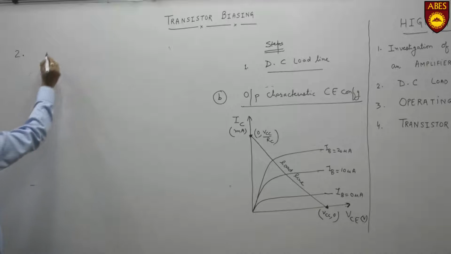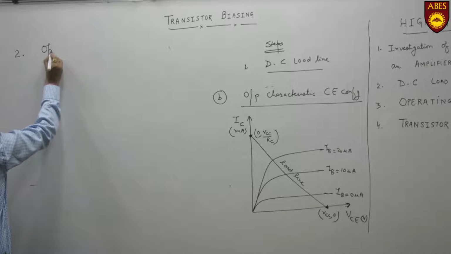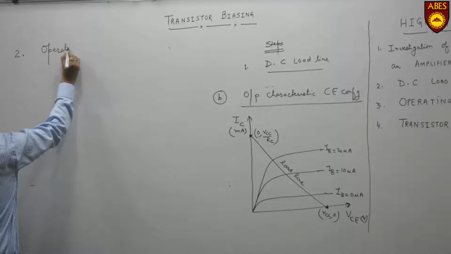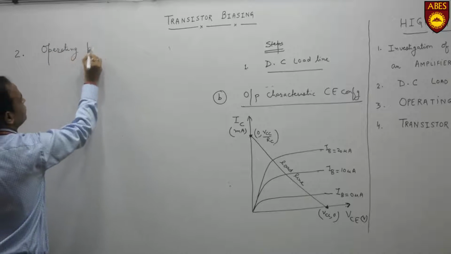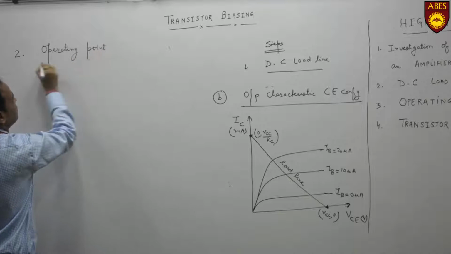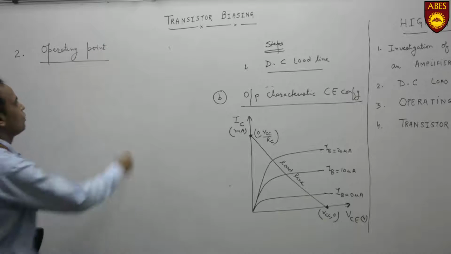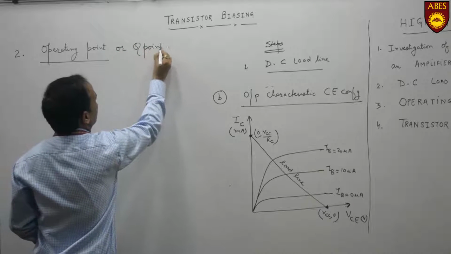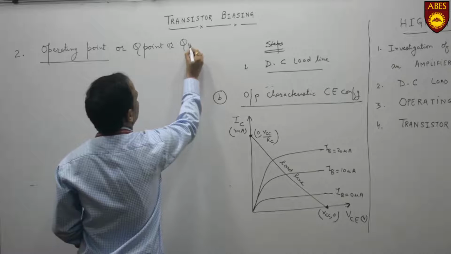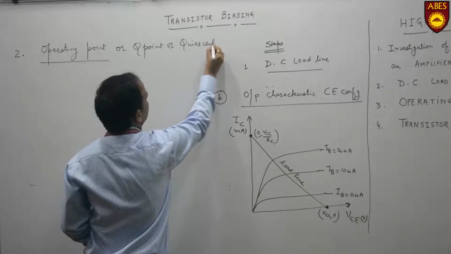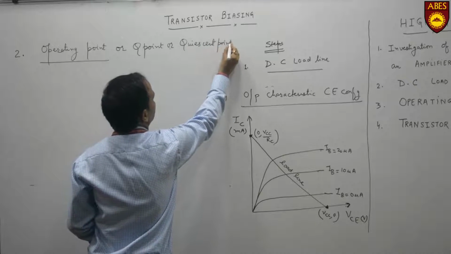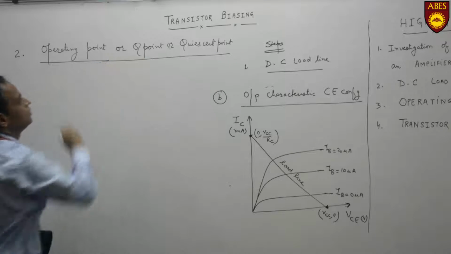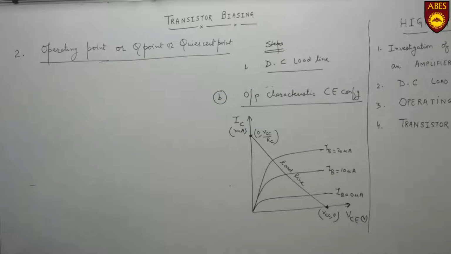The second step is location of the operating point. Operating point is also called the Q point. It is also referred to as the quiescent point. Now, first of all, we should understand what exactly the operating point is.